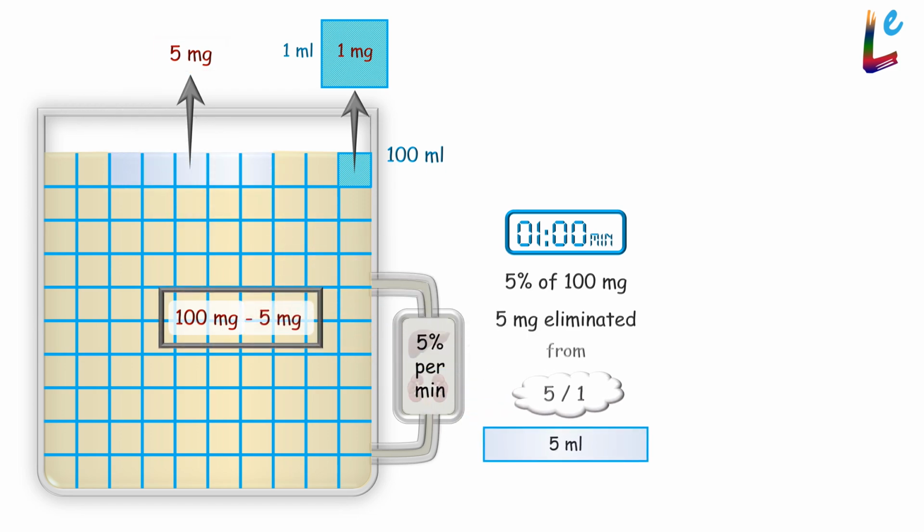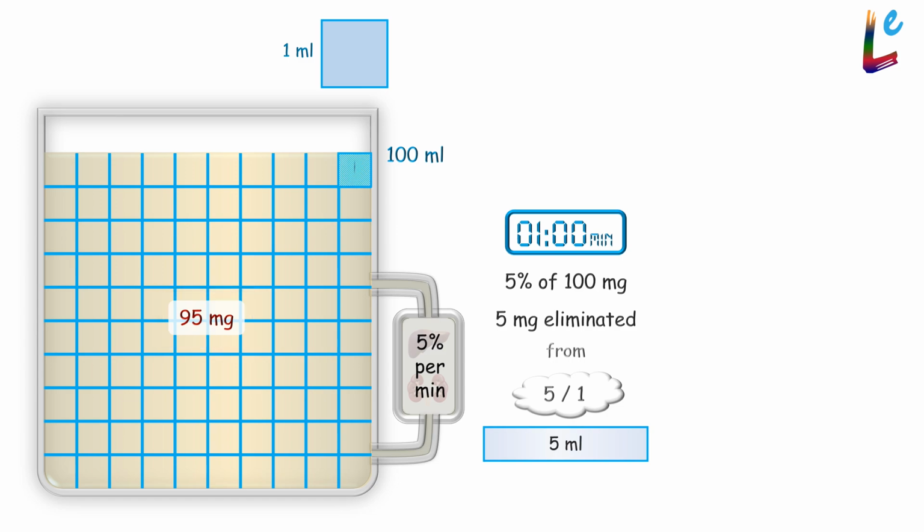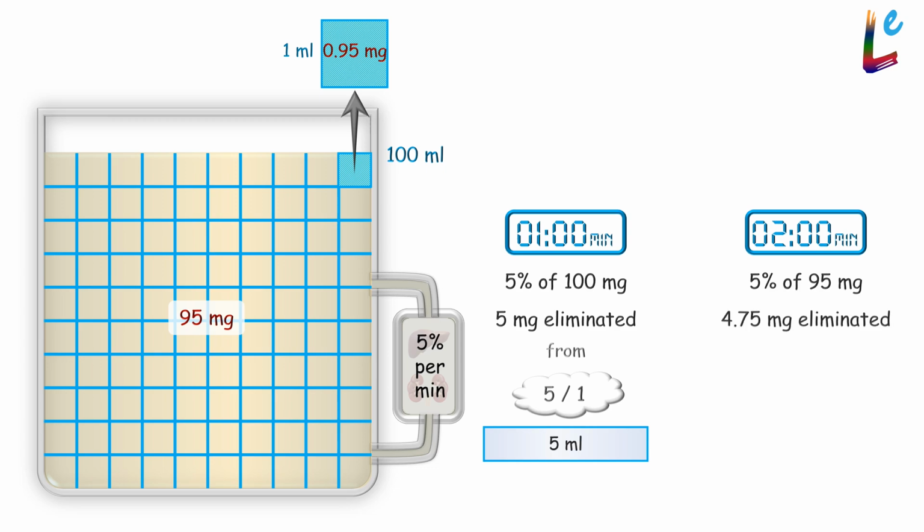Once 5 milligrams of the drug is eliminated, 95 milligrams of the drug remain. So, each ml would contain 0.95 milligram of the drug. In the second minute, 5% of 95 milligrams, that is 4.75 milligrams, will be eliminated. Now here only 0.95 milligram is present in 1 square.